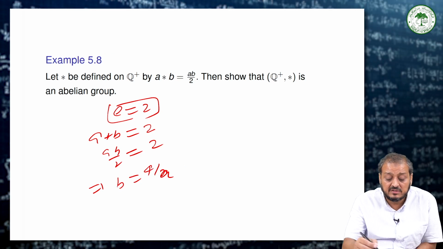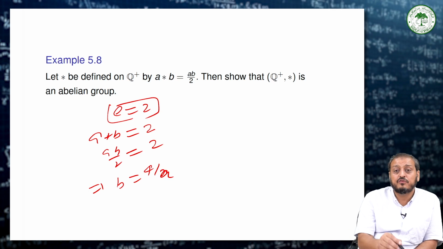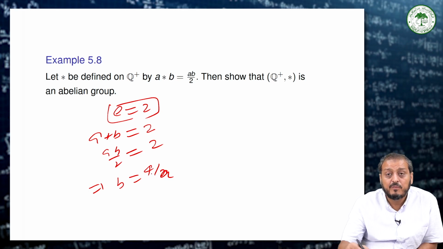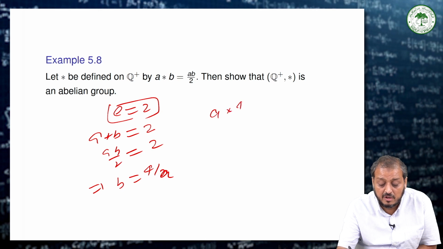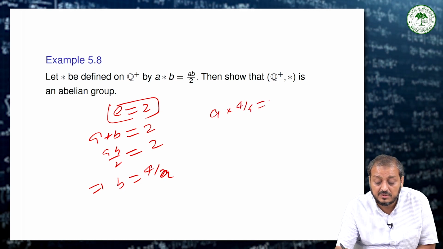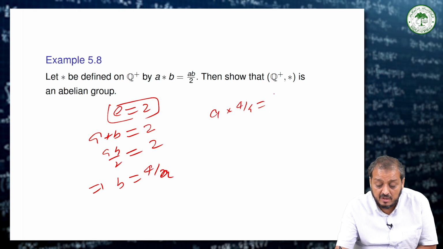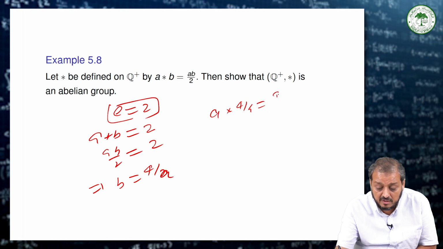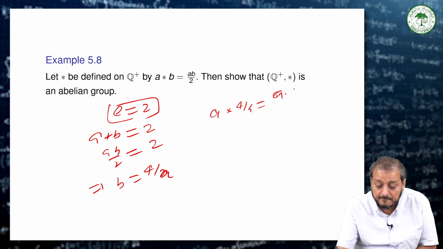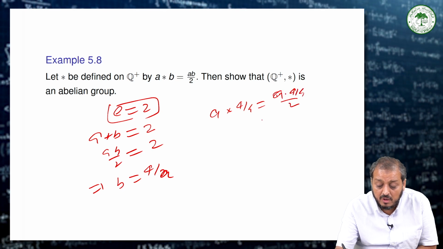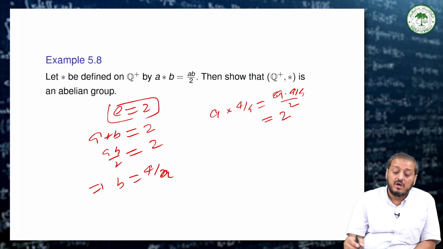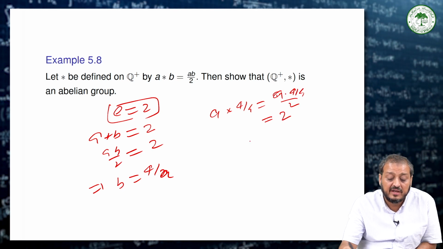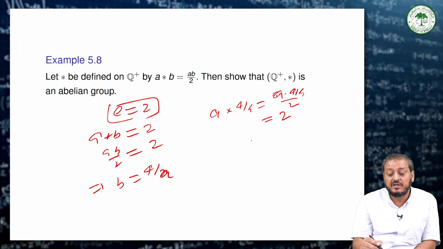So if A is an element of this set, then the inverse of A is 4 by A. Then A composition 4 by A is equal to A times 4 by A, divided by 2, which is equal to 2. So the identity element satisfies this condition.